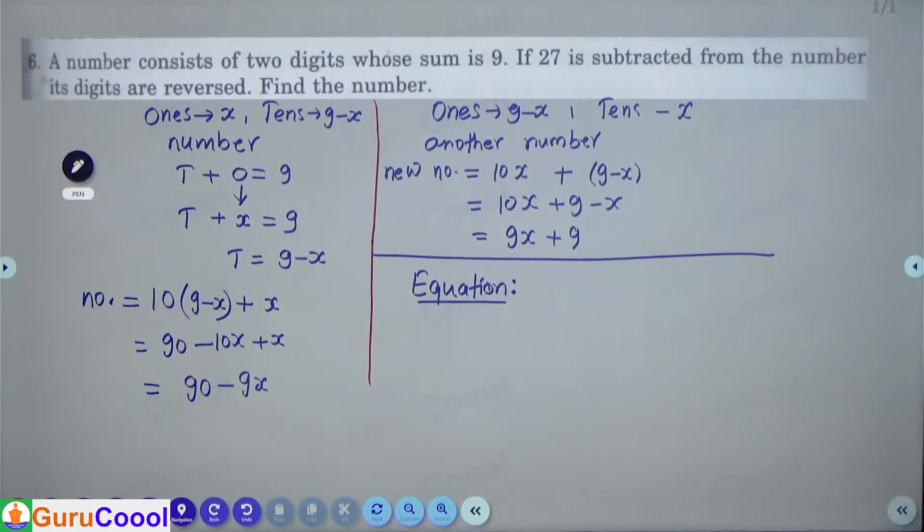One second. Clues are given there. In the question, clues are given.